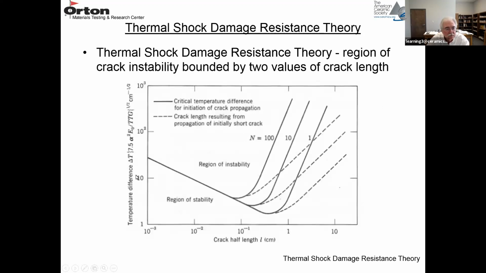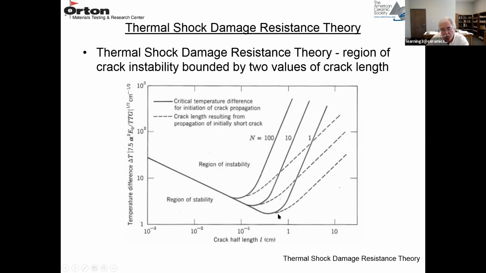And the way it works is you plot delta T versus the half crack length. And you have different graphs for different crack densities. So this would be N equals 100, N equals 10, and N equals 1. So you have a region in the upper portion of this plot that's the region of instability.